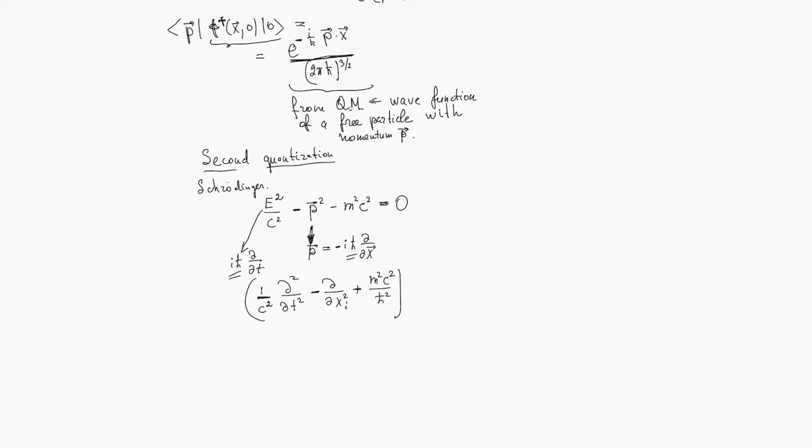And in a way, the natural substitution of the dispersion relation would be to take this differential operator and apply it to the wave function phi. So mathematically, you are defining the kernel of this wave operator: phi belongs to the kernel of the wave operator.